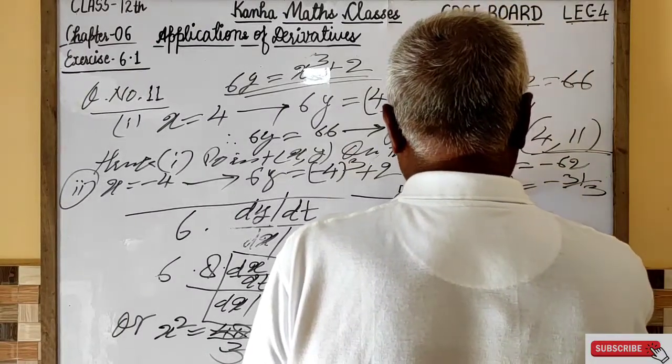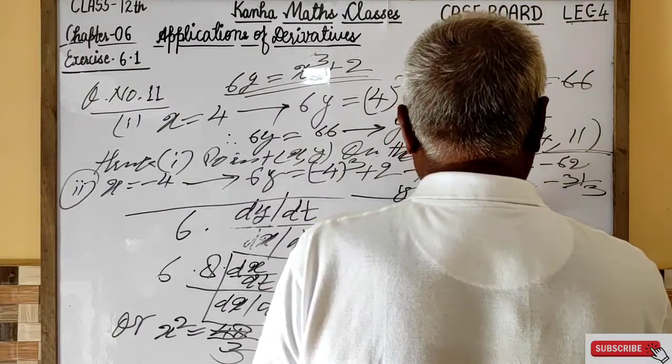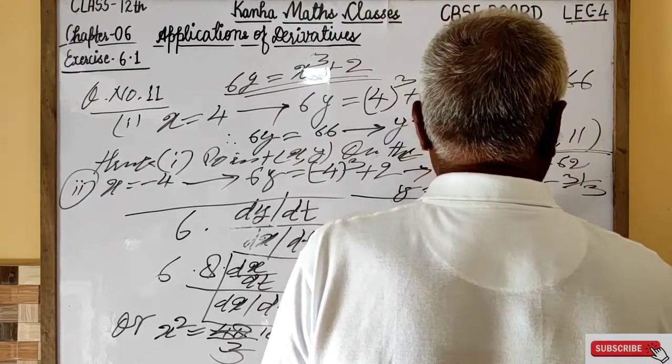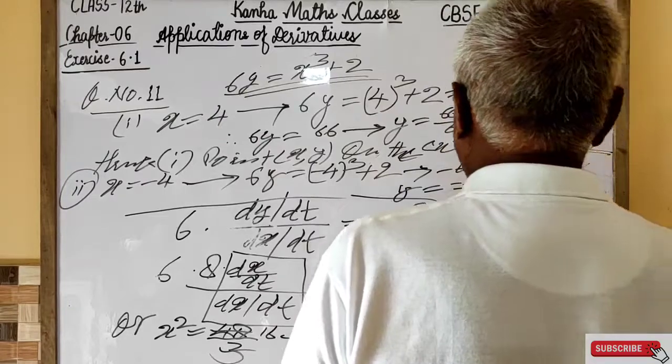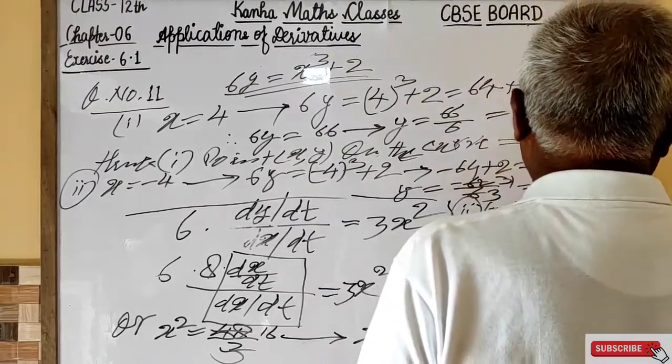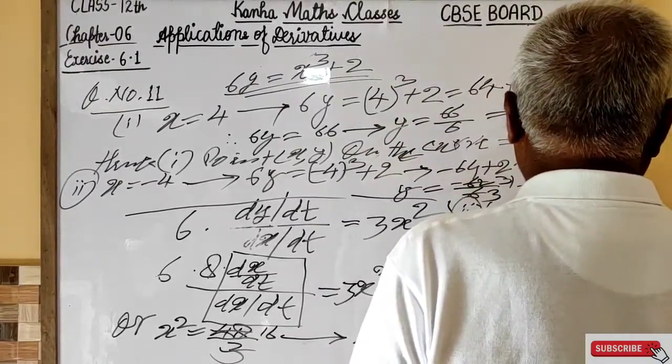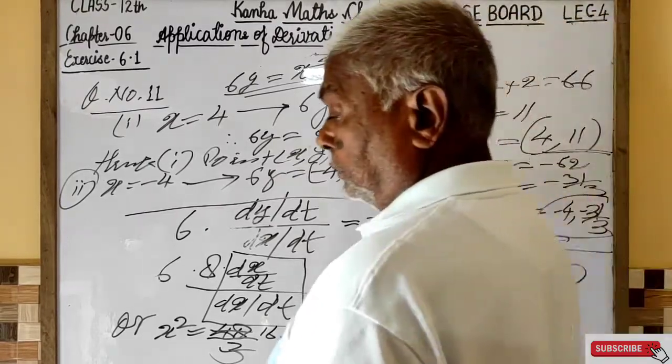Now the second point on the curve, x, y, will be equal to minus 4, minus 31 by 3. Now this is the requisite answer.